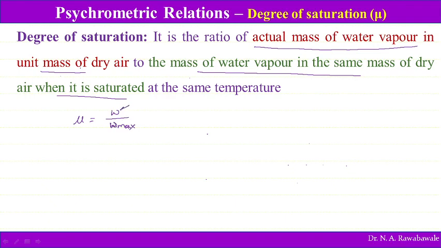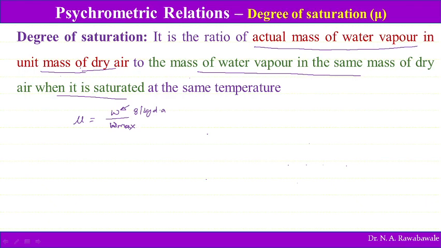So what is omega? Omega is nothing but the actual mass of water vapor present in unit mass of dry air, so that is in grams per kg of dry air. And then the mass of water vapor in the same dry air when it is saturated is nothing but the specific humidity or humidity ratio when air is saturated.